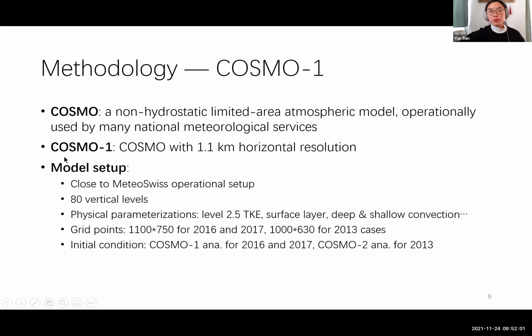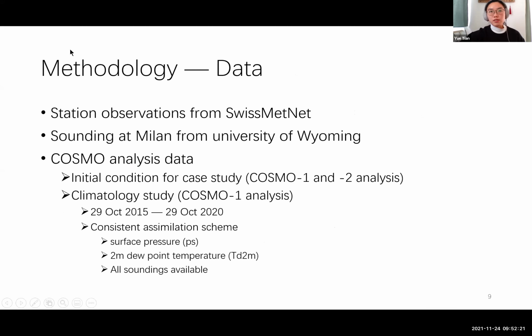So we are using a model setup quite close to the MeteoSwiss operational setup, including 80 vertical levels, for example, and the domain is also close to their setup. And we use station observations from SwissMetNet and soundings at Milan from the University of Wyoming.